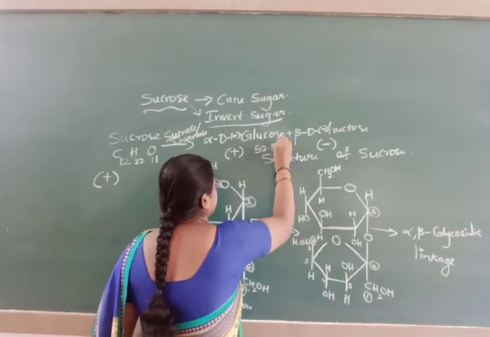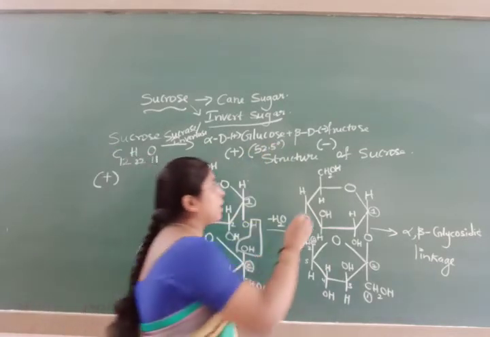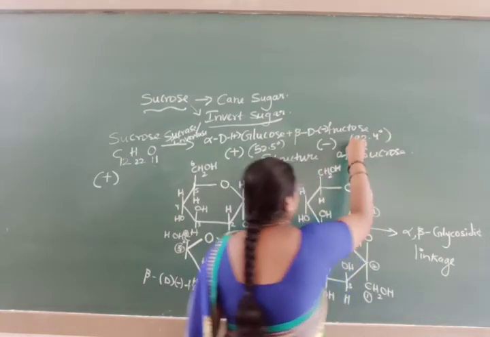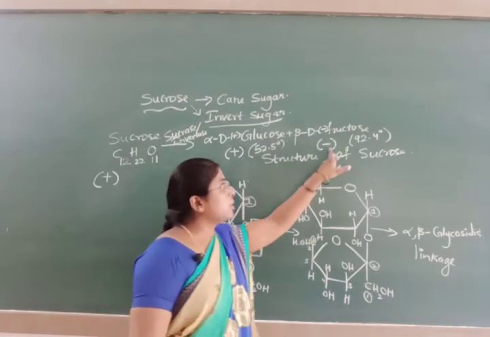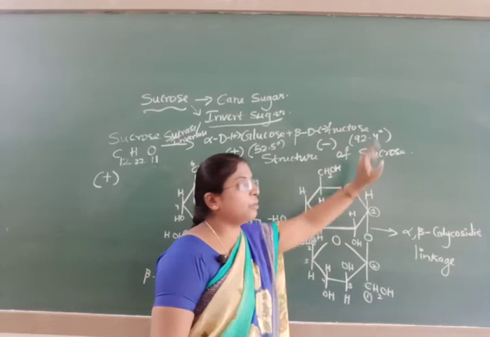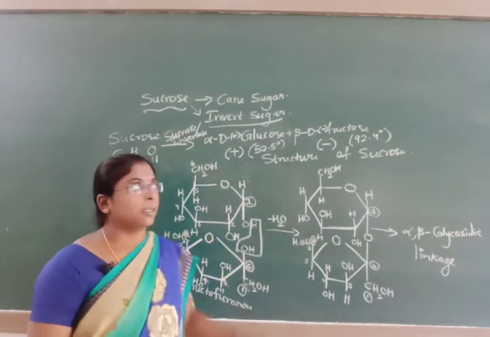Glucose rotates by an angle of 52.5 degrees, whereas fructose rotates by 92.4 degrees. Among these, the fructose is more dominant, so it rotates with an angle of 92.4 degrees.